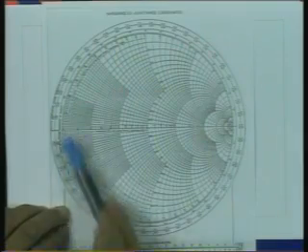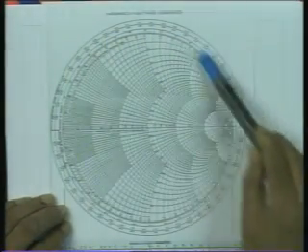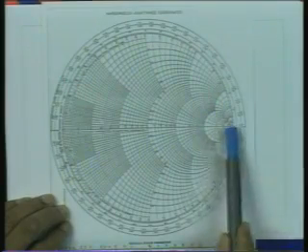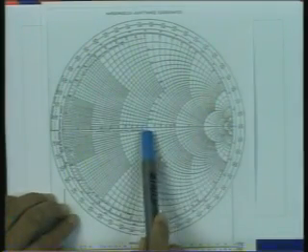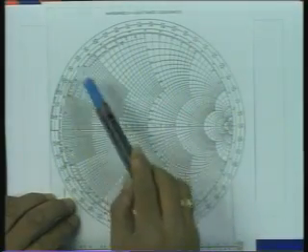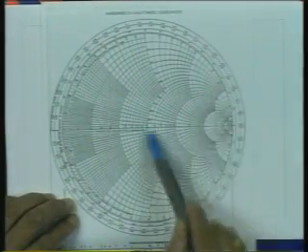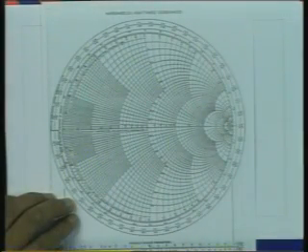So, as we can see here, this is the unity circle, this is the real axis of gamma, which is the u axis, and the center here is the origin of the complex gamma plane. These circles, which are flaring like that, are the constant reactance circles, and these circles, which are one within another, represent the constant resistance circles.